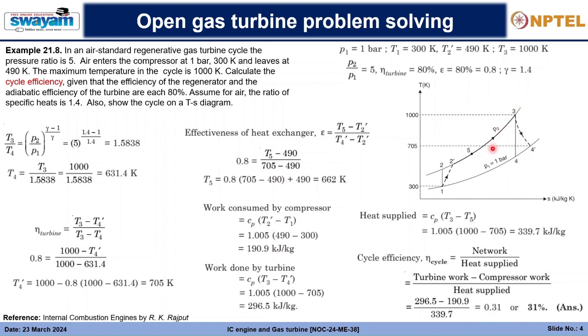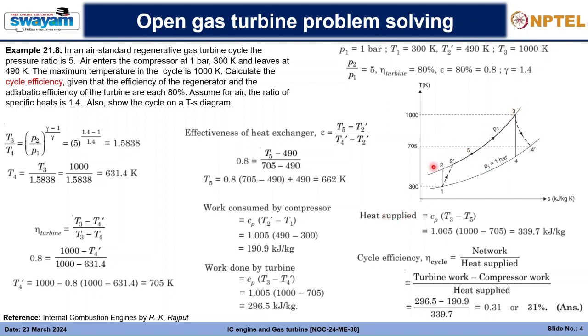Now there is a question: Cp into delta T is basically for a constant pressure process, right? So heat supplied is Cp into T3 minus T5.